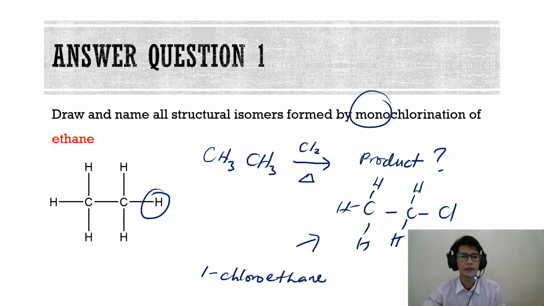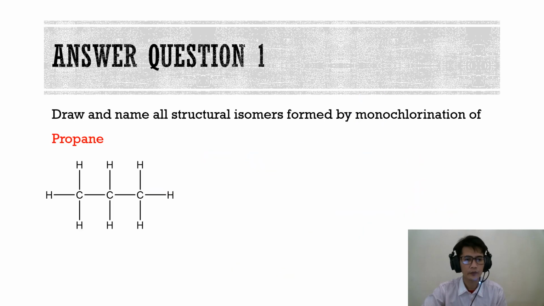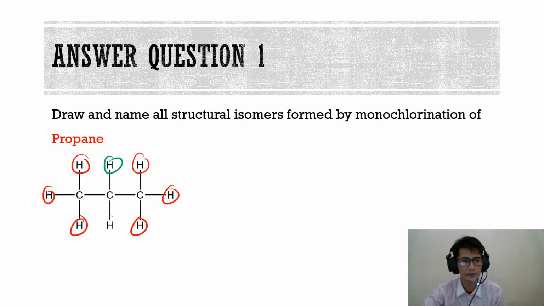Okay, next compound, propane. You can see that propane has 8 hydrogen atoms, but there are 2 different environments of the hydrogen atom. We have the primary hydrogen atom, and also the secondary hydrogen atom.